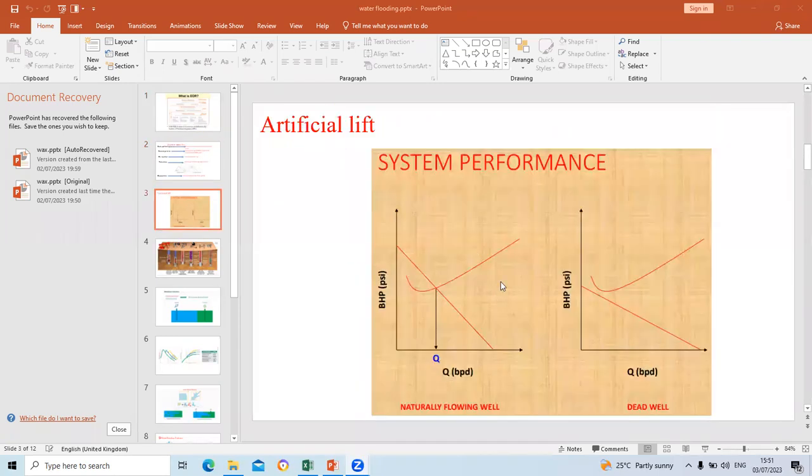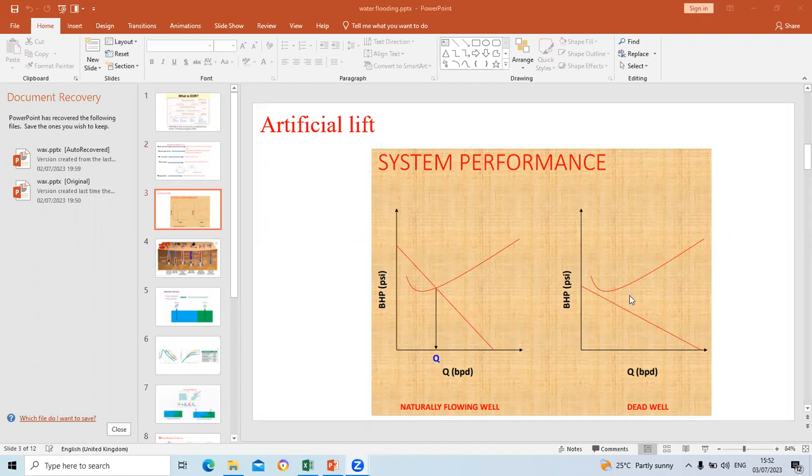Now, if we go back to what we did last week about system performance nodal analysis, you realize that if a particular system is functioning naturally, then there must be an intersection between the inflow performance relation and the vertical lift performance. If there is no intersection between these two curves, then there is no way that reservoir will perform naturally.